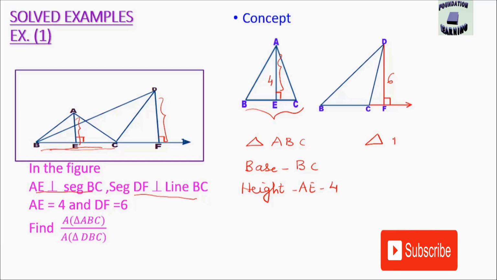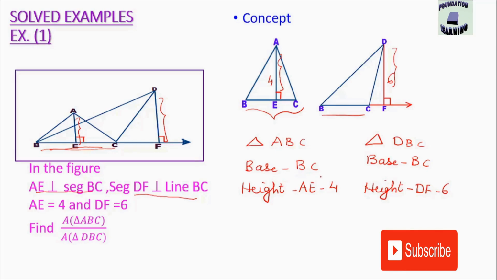And in triangle DBC, base is again BC, right? Base is BC and height is this red line here, and is DF because it's given its perpendicular and the measurement is 6.